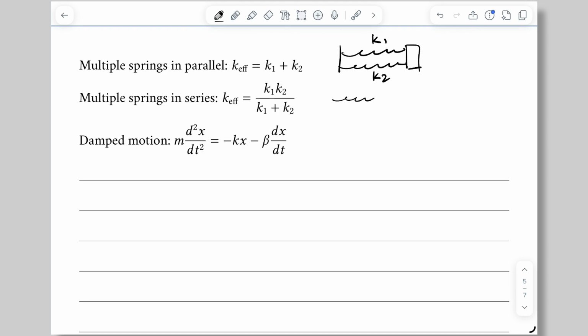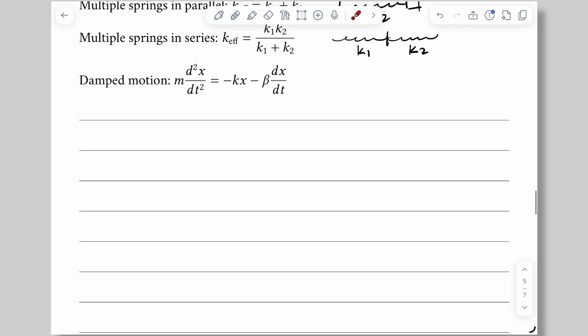If we have springs in series, attached end to end, with constants K1 and K2, then the effective constant for the entire system is K1 K2 divided by K1 plus K2. Once you have all those numbers, you plug it in for K, and then it proceeds as we saw in the previous example.